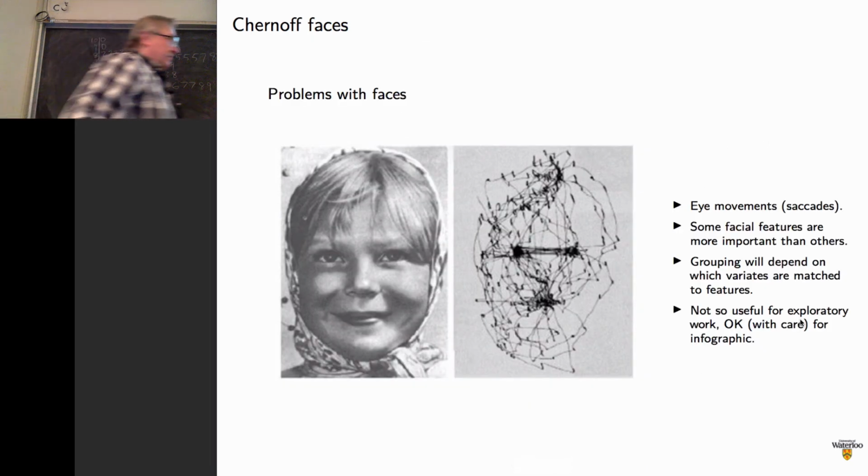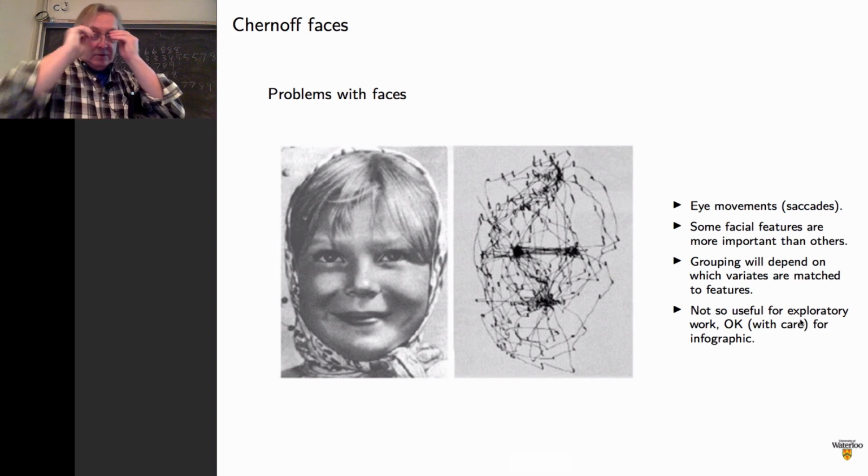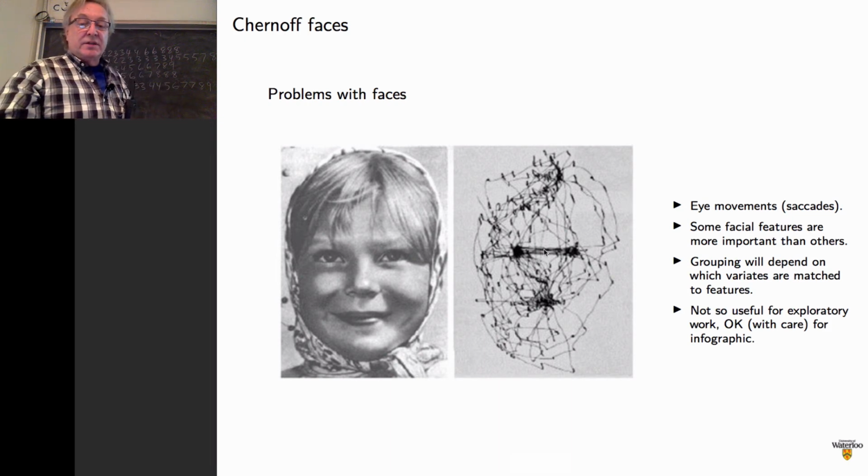A problem, of course, is we're very good at faces, but we also focus on particular features. So this is a typical eye tracking example. If you're looking at eye movements when somebody looks at a photograph, you can see where their concentration is. These are just where their focus is. A lot of focus on the eyes and around the nose and the mouth.